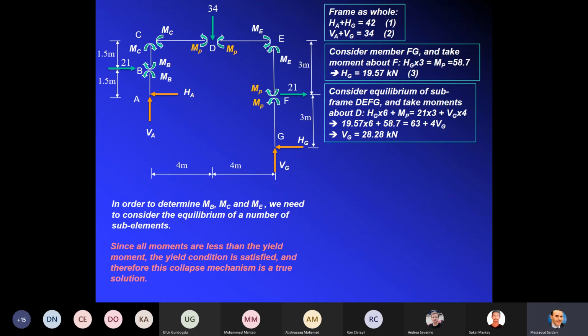Please do check it. So that gives you the vertical reaction at G. Is this equilibrium clear?